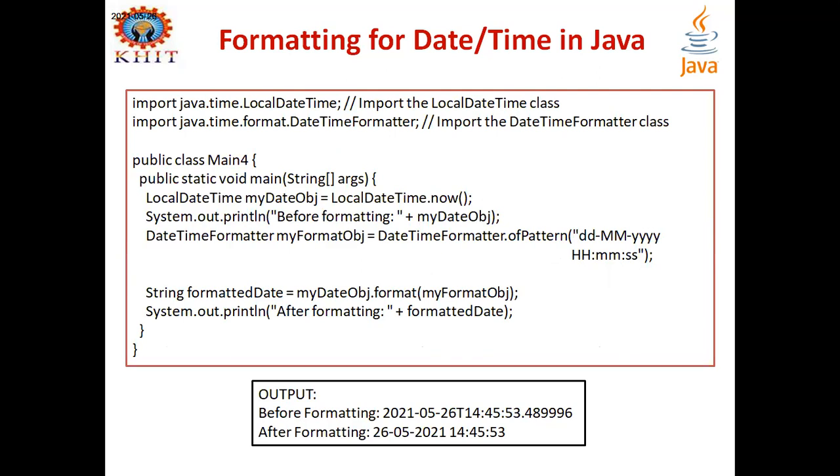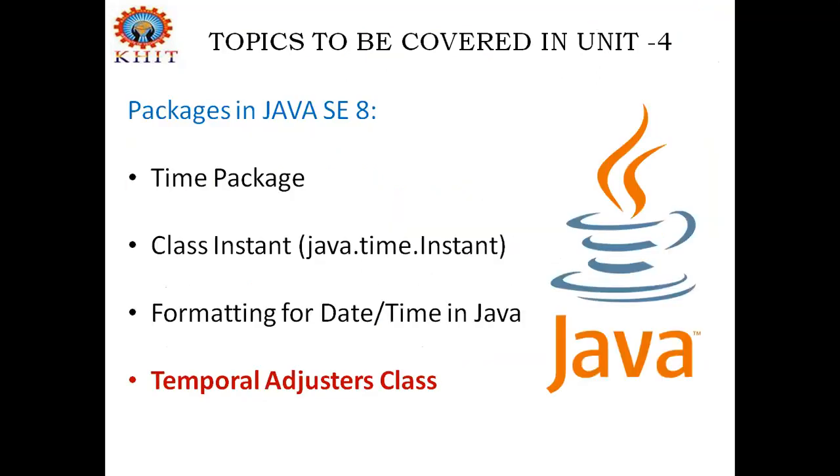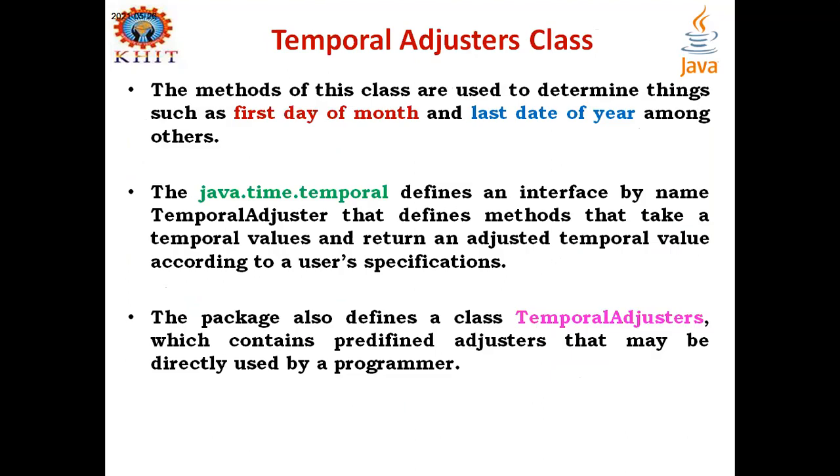And coming to the TemporalAdjuster class. This class is used to determine things such as the first day of the month and the last day of the month, and in between you can adjust your time. TemporalAdjuster is an interface that defines methods that take temporal values and return the adjusted temporal value according to the user specifications.